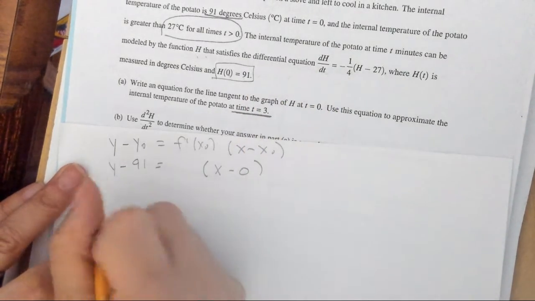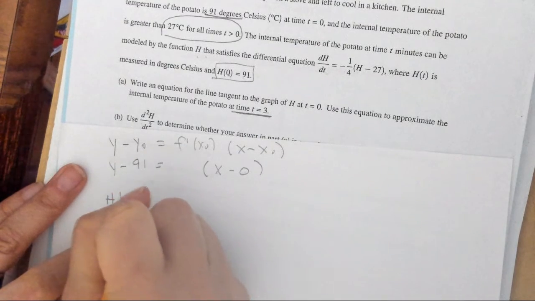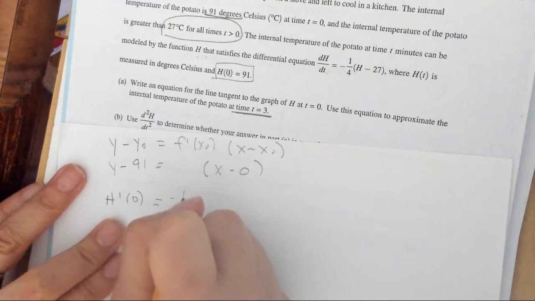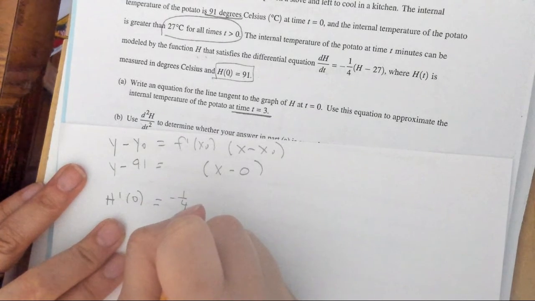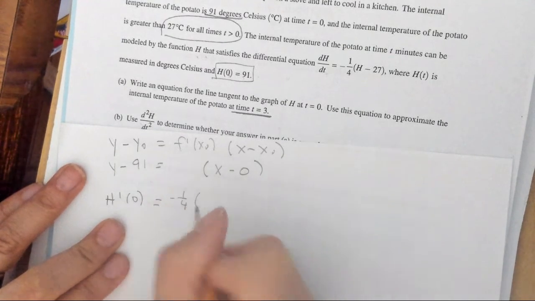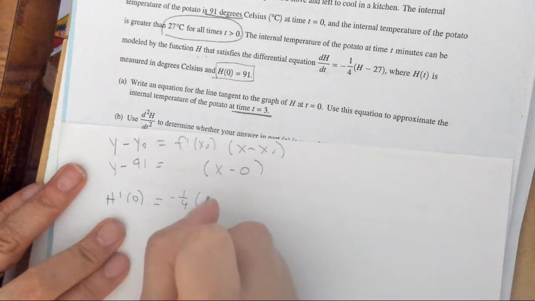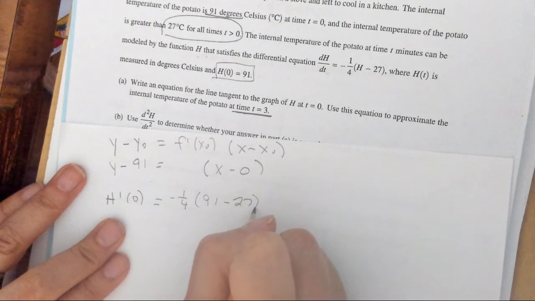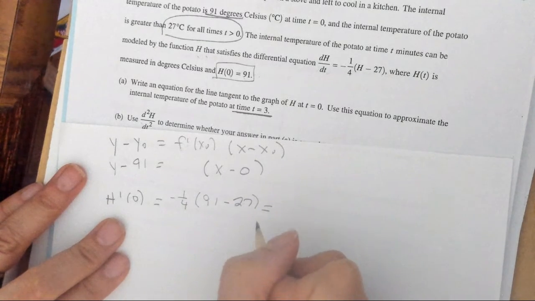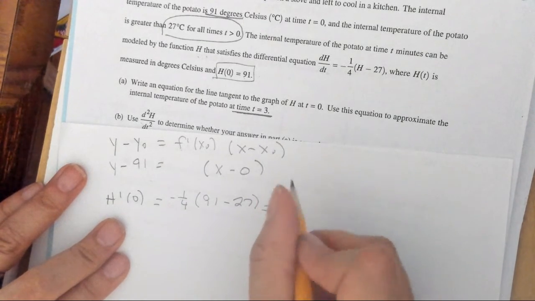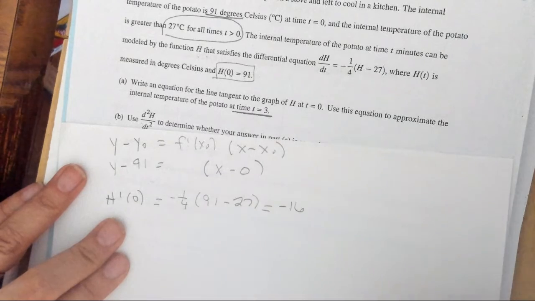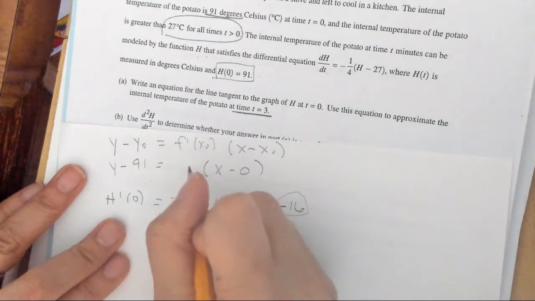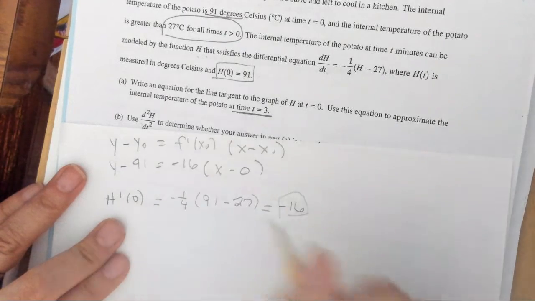So let's plug in h prime of 0 equals, we have negative 1 over 4. And when t is 0, h is 91 minus 27. And that equals negative 16. So I have my slope, negative 16.